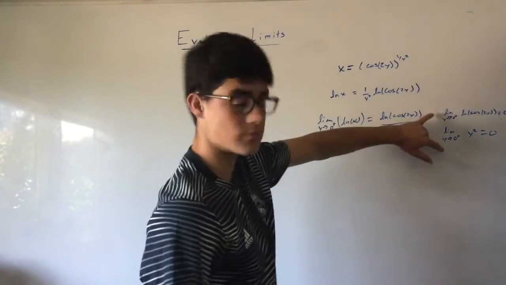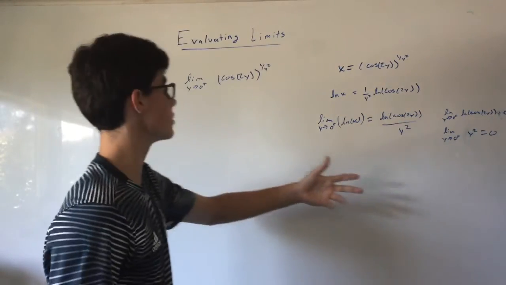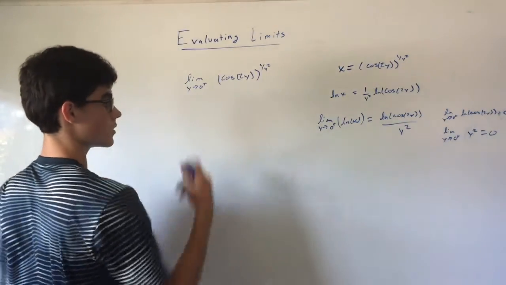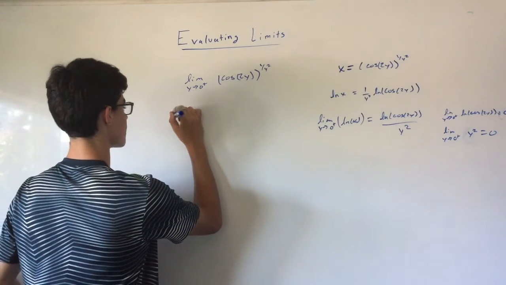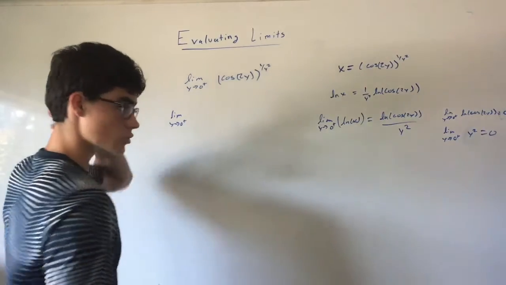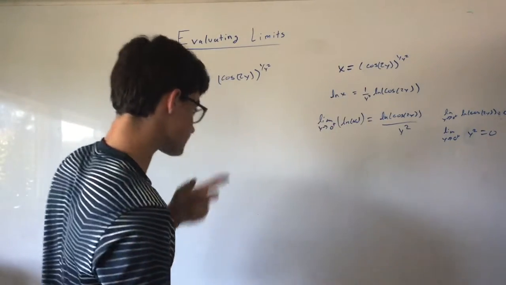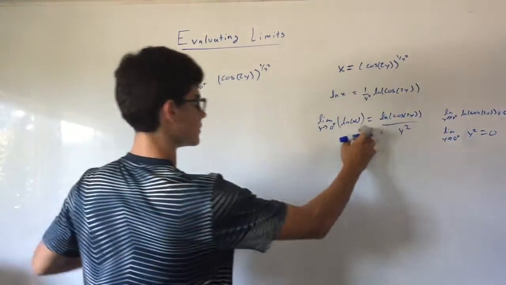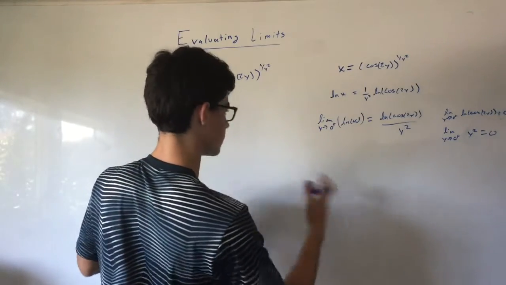And so here we will have a 0 over 0, and we will have to take L'Hopital. So let's move over here and write it out. We'll take the derivative top and bottom. Let's split this up a little bit so we give ourselves a little more room.